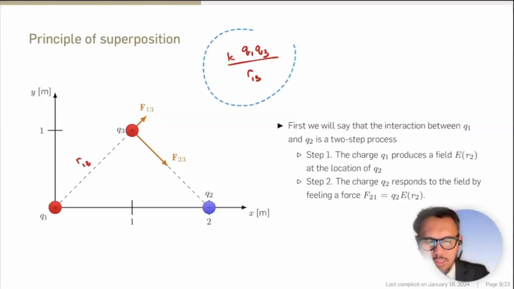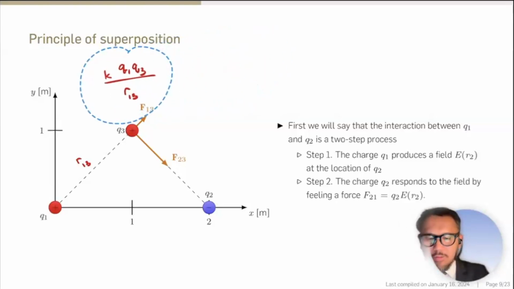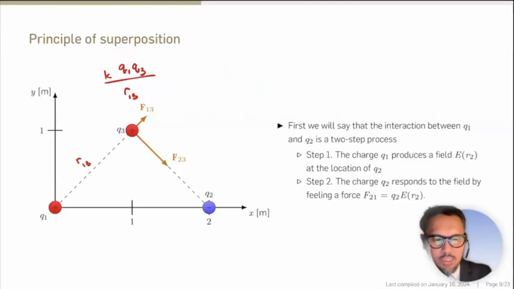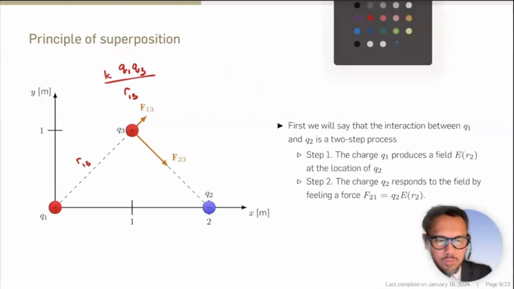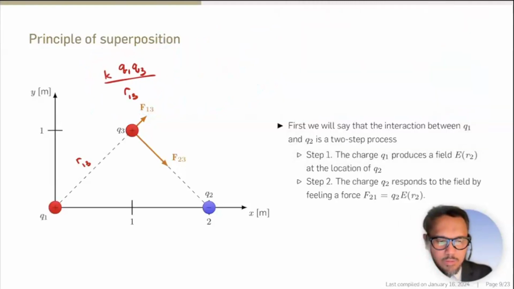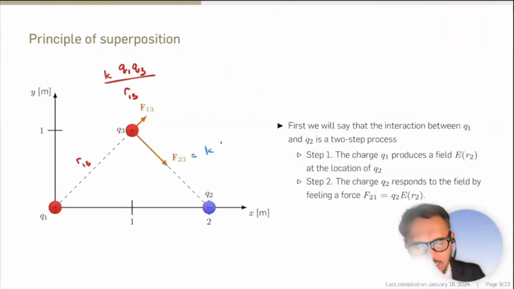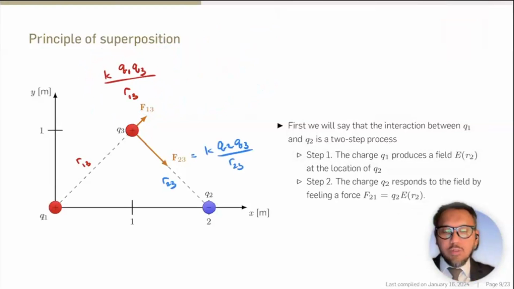Let me move this thing here. And then let me change color to blue. Okay. And then F23 is equal to k Q2 Q3 divided by R23. And R23 is here. So those are the magnitudes.